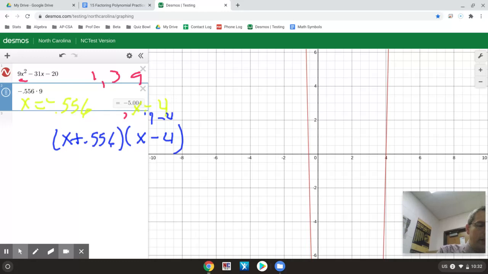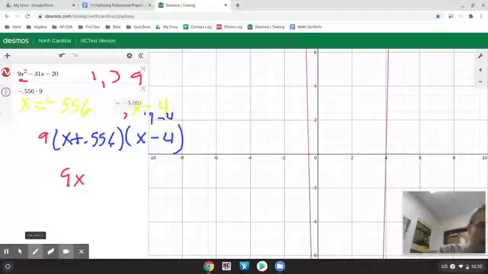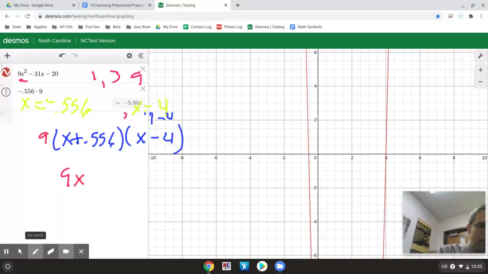So what I need to do now is multiply that parenthesis there by 9, because multiplying by 9 seems to get rid of my decimal, and that would give me a 9x plus 5, because multiplying by 9 won't change my sign, and an x minus 4.